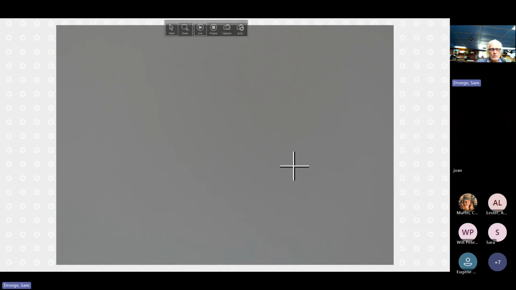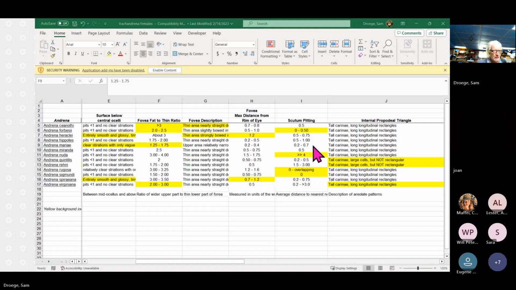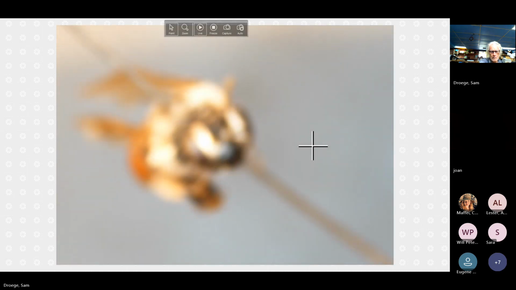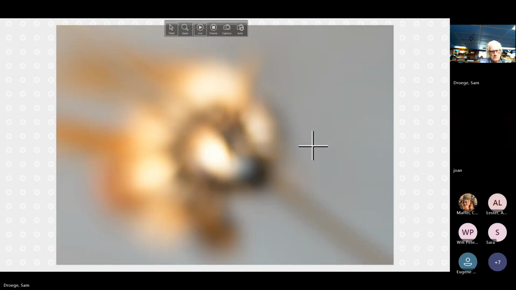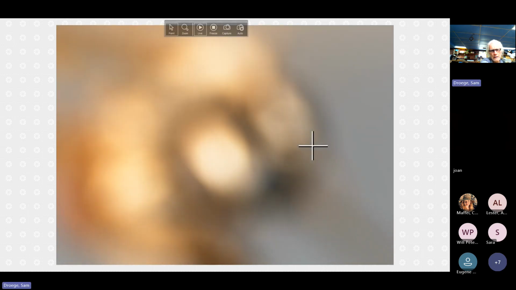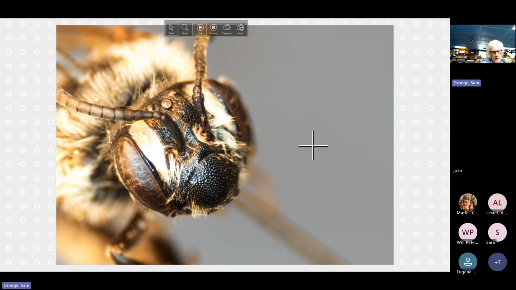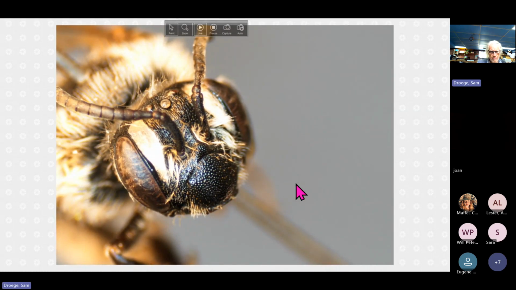So what we're looking for is not a whole lot of difference in relative widths. And take this back down, bring the specimen into view. I'm going to change the angle a little bit. Oh, the fovea are very nicely defined in this picture.